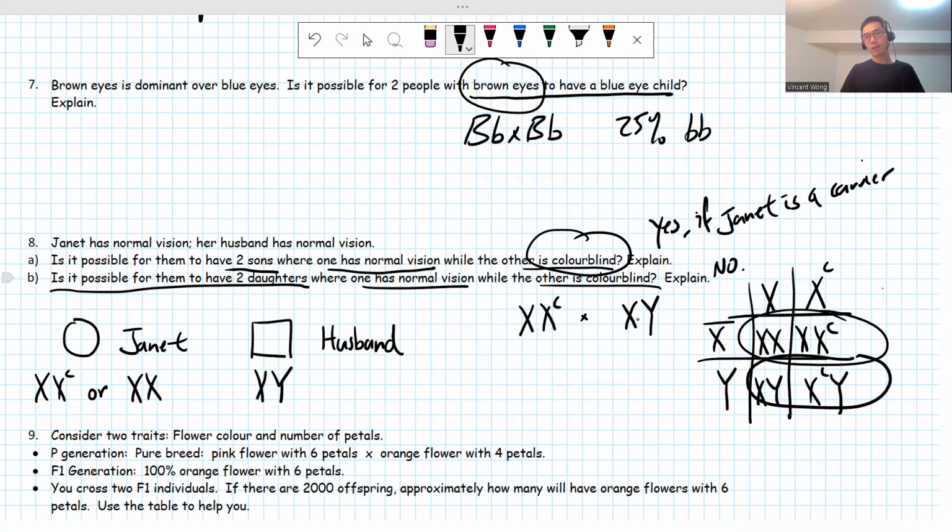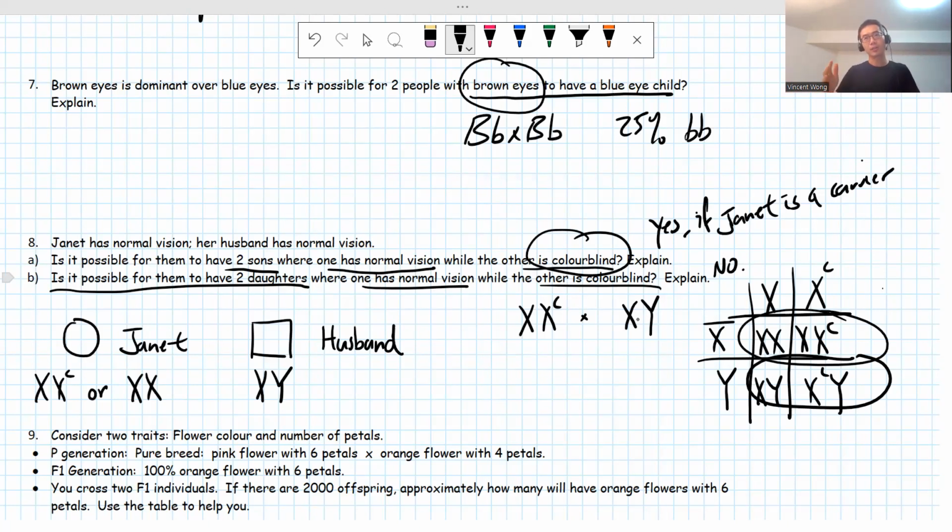Let me say that one more time. I want you to think about it. If the father is not colorblind, then the daughters are guaranteed to be not colorblind, regardless of the mother's genotype.